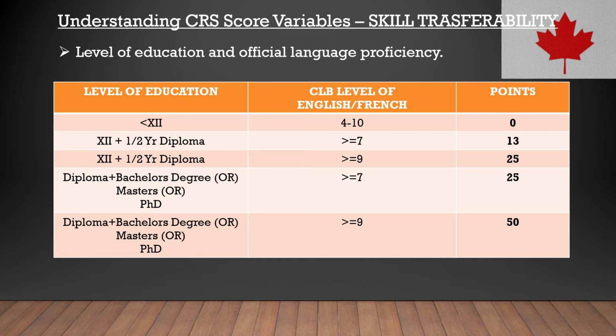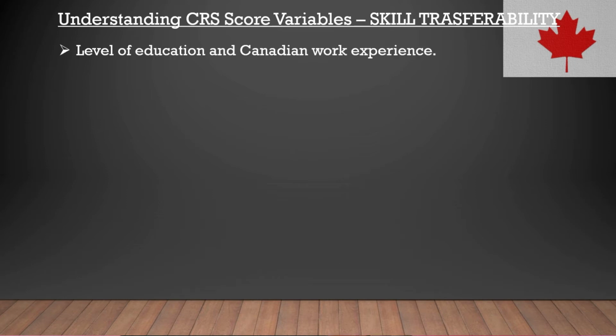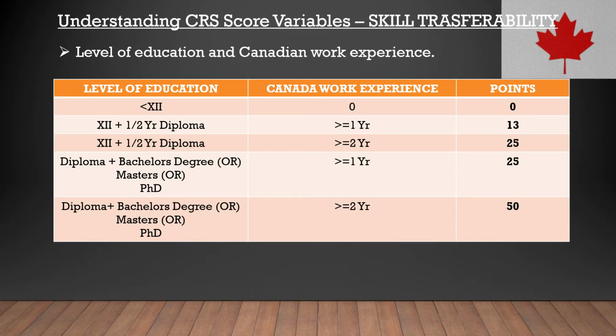Now moving on to the second combination of the skill transferability, that is level of education and Canadian work experience. Again, if you see, I have put level of education as less than 12, 12th plus 1 or 2-year diploma, a diploma holder or a bachelor's degree as one combination, or a master's or a PhD. Now, if Canadian work experience is there with you, if it is 1 year, straight away 13 points.